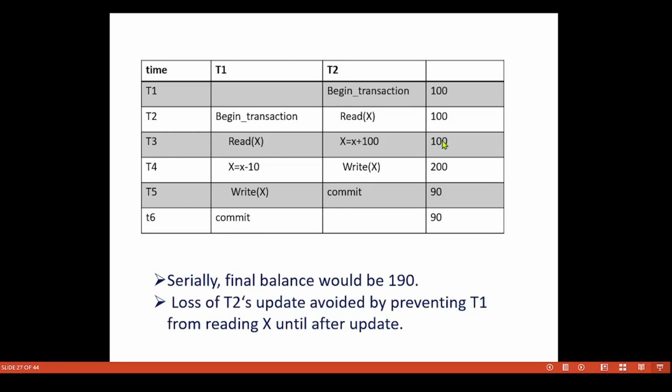That means the value changed to 200, but the updates have been executed in this way. So transaction 1 has interleaved with transaction 2 before transaction 2 executed. Serially, the final balance could be 190.